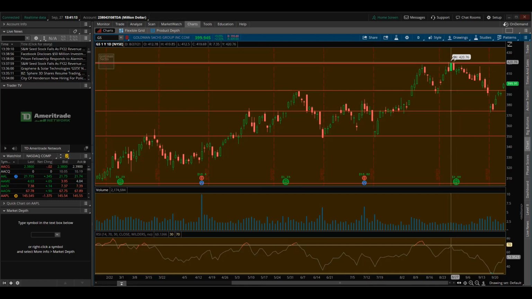Now, we did draw the line based off of this pattern here, but you can clearly see that right here is where resistance is. So if you saw that and you took that trade, that would have been a successful trade, because the stock actually dropped way down here, bypassing this support level, dropped all the way down here to this support level, and now is in an upward trend.